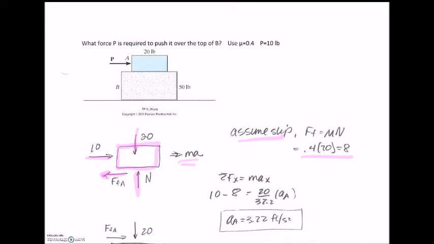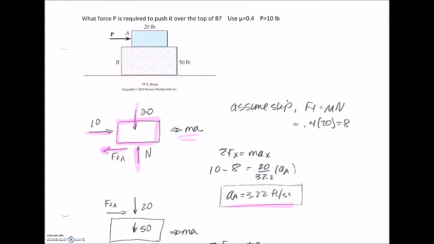Let's just plug that into the equation of motion. 10 minus the force of friction, and here I'm only using the mass of the top block of 20 pounds, and I can solve for that acceleration of 3.22.